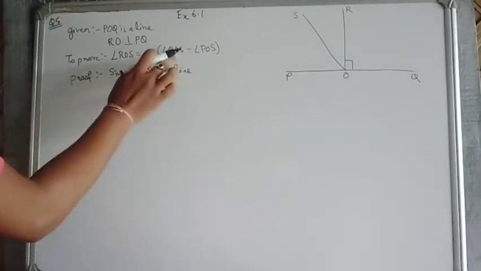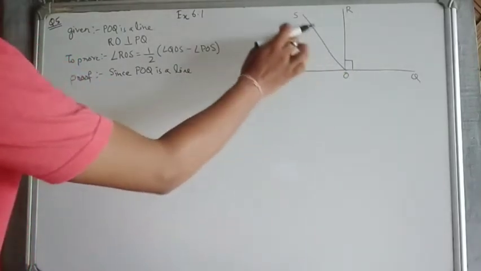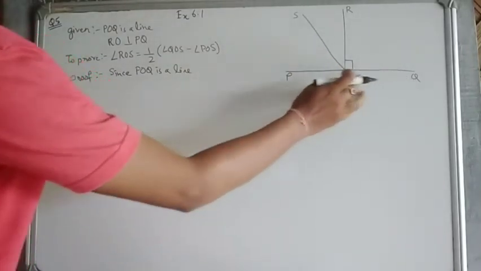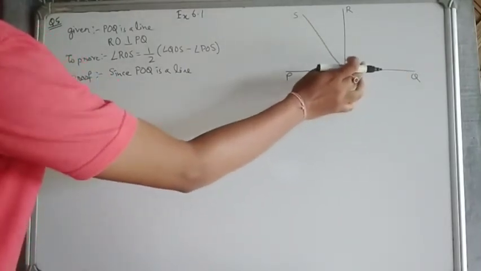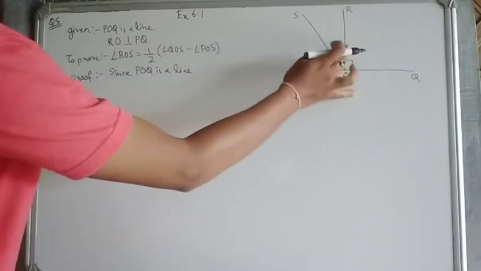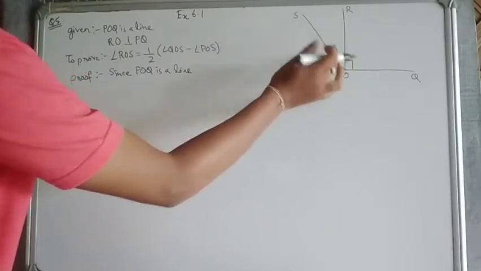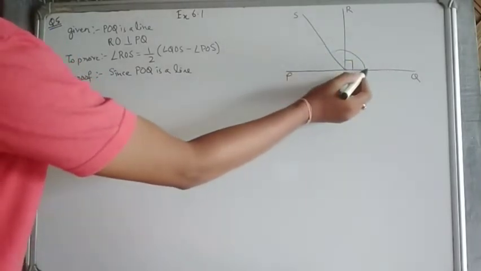So first suppose I need QOS. If I say this angle QOS, if you see, it is this angle plus this angle, angle QOR plus angle ROS. This total will become QOS.